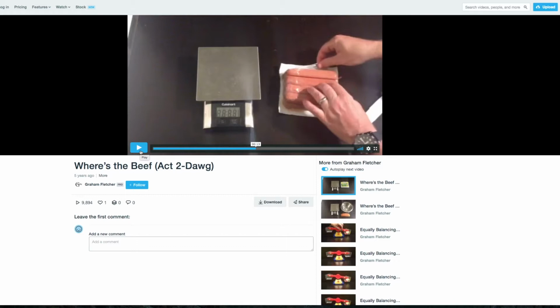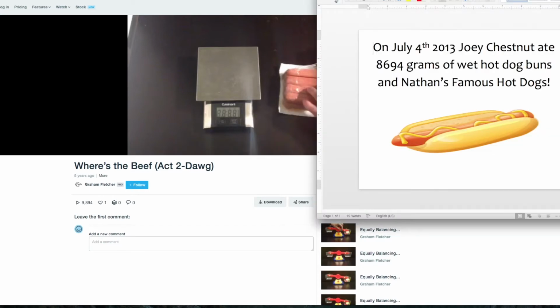So now they have enough information to solve the problem mathematically at this point, but they haven't really had much time to process it. So my higher kids usually have an idea of how to do it, but most of my other students don't. So we add to our chart with what we know. So we know the total amount, we know 1 wet hot dog bun, and we know 1 hot dog. And we just kind of talk about that information. We put it up on the chart, and then that's it for Wednesday.